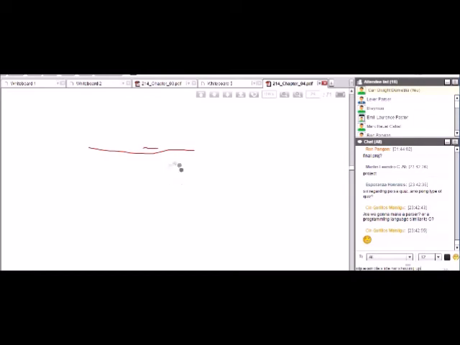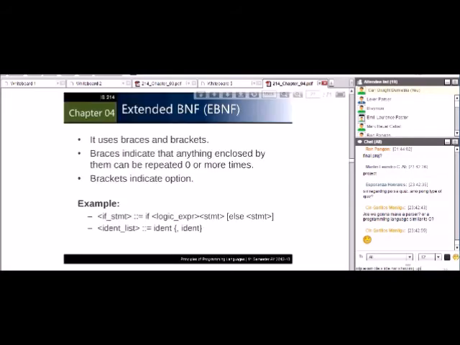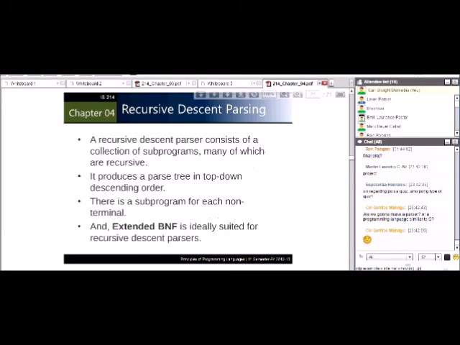For every non-terminal, there must be a corresponding function. Okay? I think I put it here. RDP: there is a subprogram for each non-terminal.